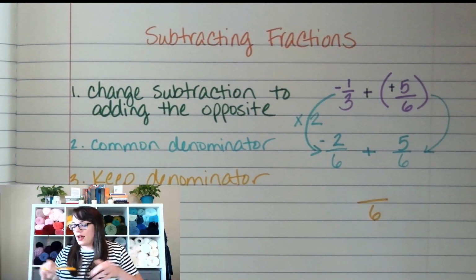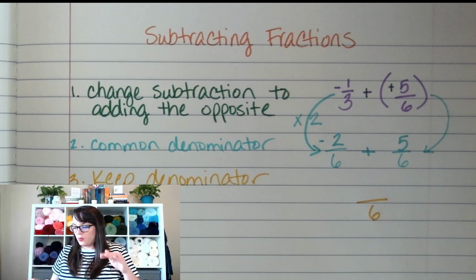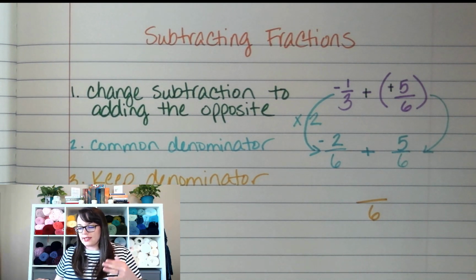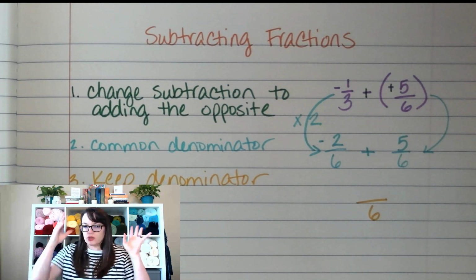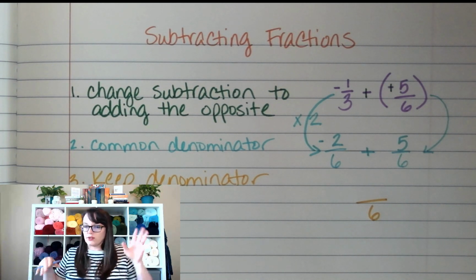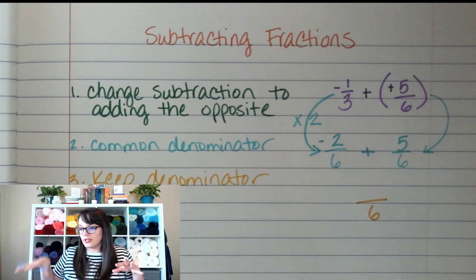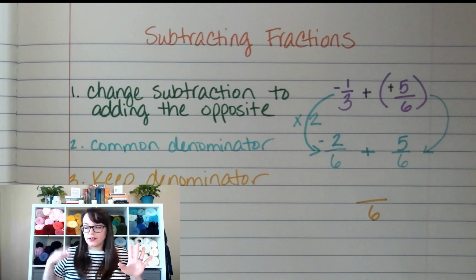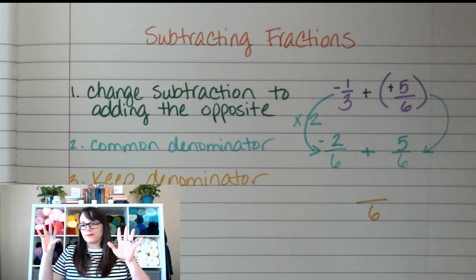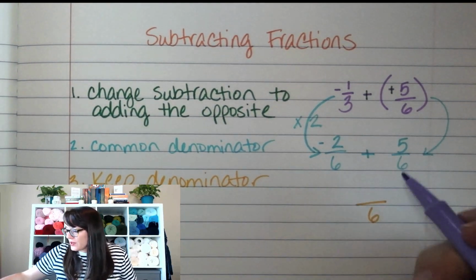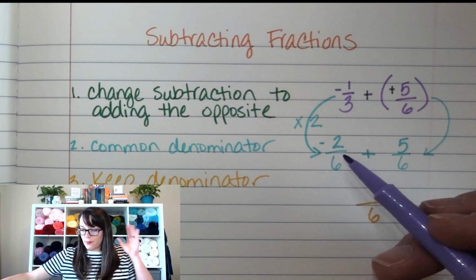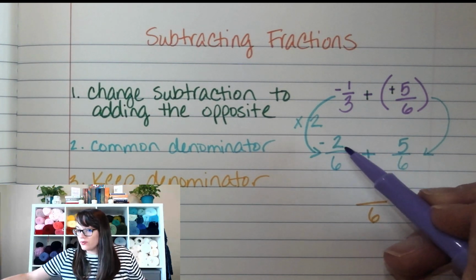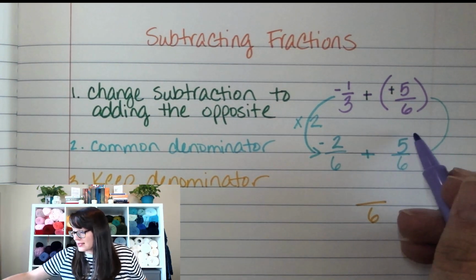And so now I just look at the numerators. The denominators kind of tell me what currency I'm dealing with. Like, do you have two $1 and three $1, or do you have two $5 and three $5? Anyway, so I'm dealing with sixths. It tells me how big my fraction is.